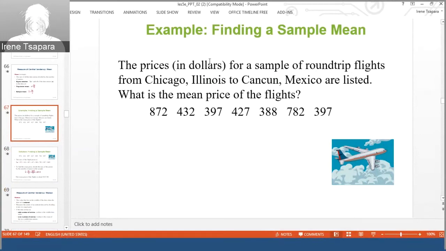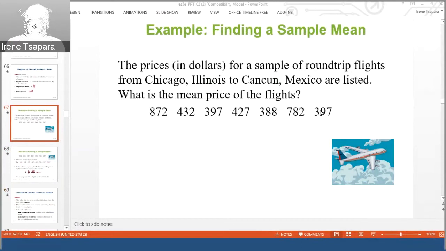So if I take all these values right here, that are the prices of the round trip flights, and I find the mean with the way that you find it, then if I replace each one of these values with the mean, the data set that I will create will have 7 data points, but each one of them will be the same as each other.